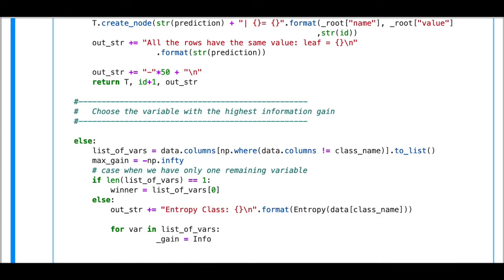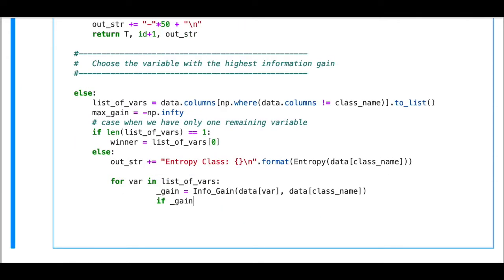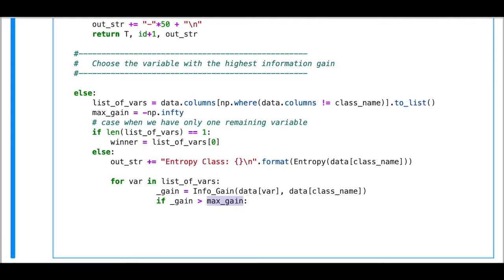we calculate the information gain of this var. We need to provide the class column. So if gain is greater than the maximum information gain, then we set this information gain with this value, and the winner is going to be this variable.